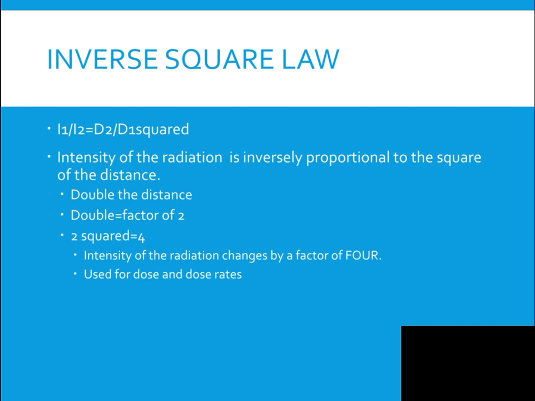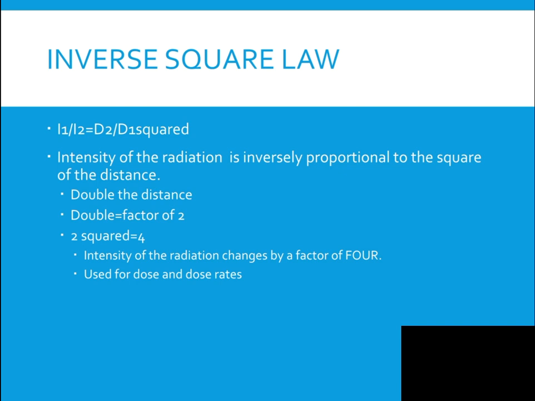So intensity 1 over intensity 2 is equal to distance 2 squared over distance 1 squared. Notice that they flipped. Intensity 1 in the formula will be directly across from D2, and intensity 2 is directly across from D1.